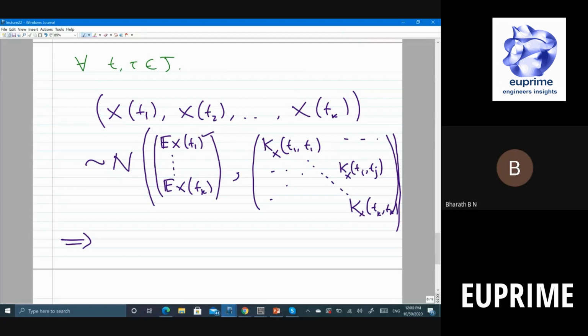Okay, so essentially, I'll just refer to it, I won't write this. This is Theorem 3.6.3 in the book. It essentially says that if you have a Gaussian process, the covariance function and the mean function for each time instance tau and t specify the joint Gaussian probability density for all possible combinations of these random variables.